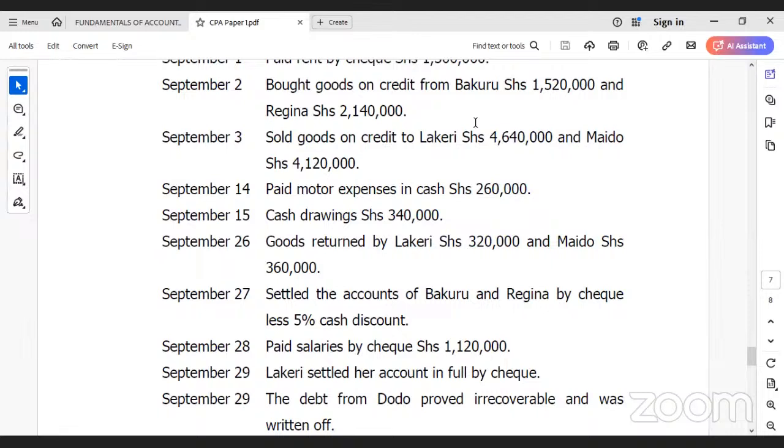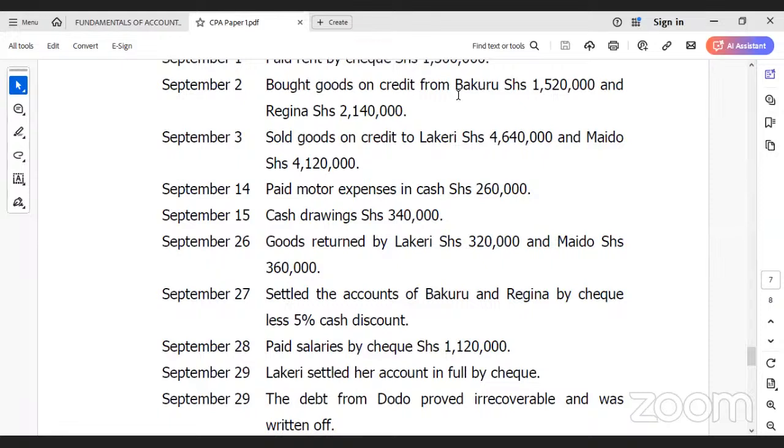Then we also open up the purchases account, because Kabate is buying goods on credit. These are trade payables to Kabate, so we have to come up with their accounts.